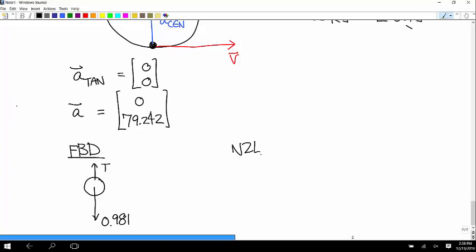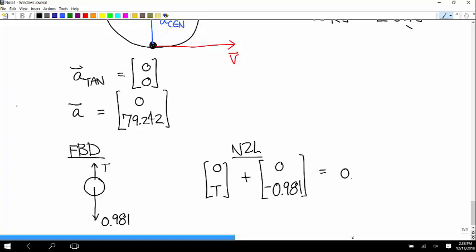Now Newton's second law says 0, T plus 0, negative 0.981 is equal to the mass 0.1 times the acceleration 0, 79.242.